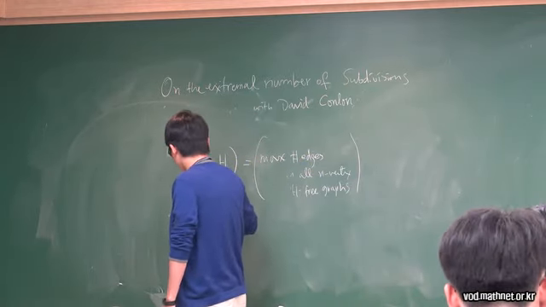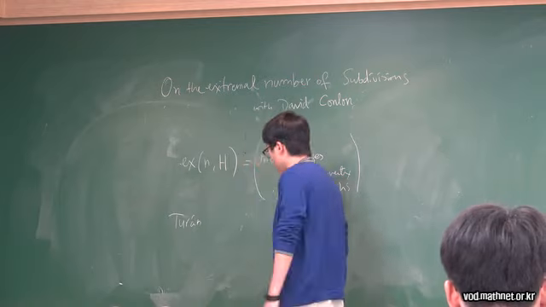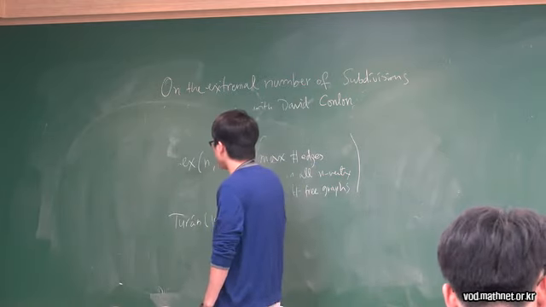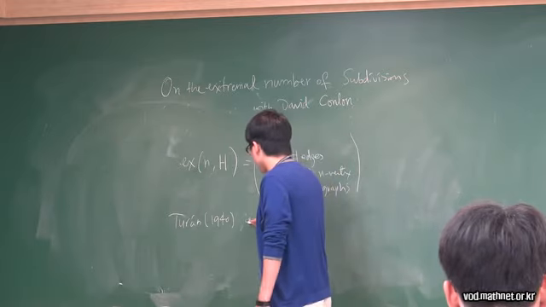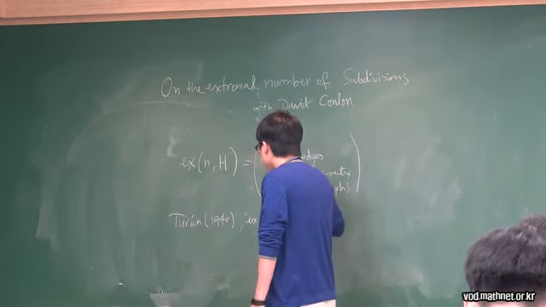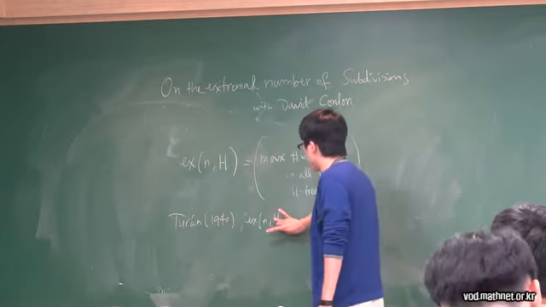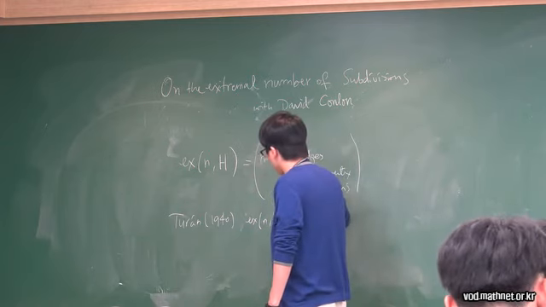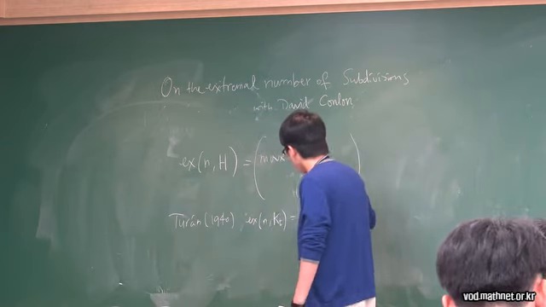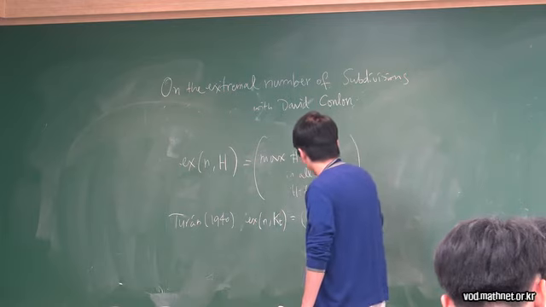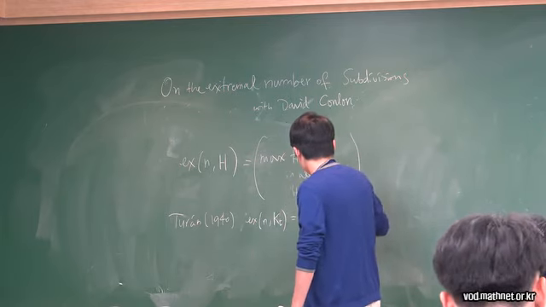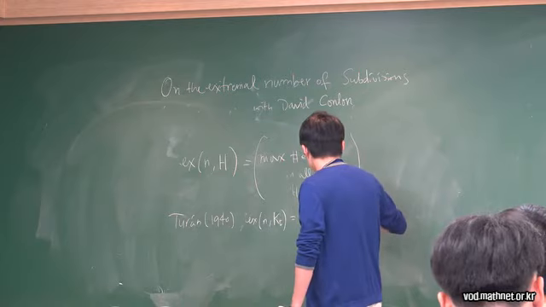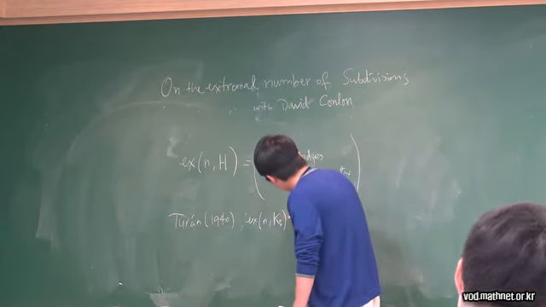There's a famous and classical theorem by Turán in 1940, I think, that actually determines the extremal number of the complete graph K_t. In this case, it gives 1 minus 1 over t minus 1. Let me cheat a little bit.